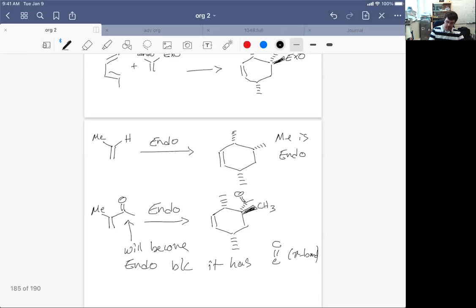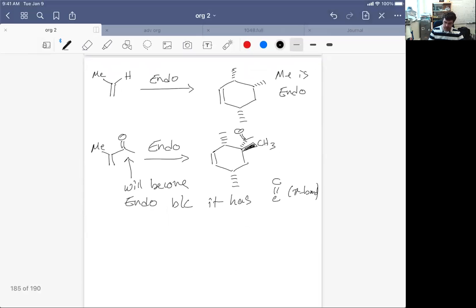So the same thing goes with carbon-carbon double bonds. If we consider this type of species that can react in a Diels-Alder reaction following the endo rule, we have our methyl groups from our diene, but then we have our phenyl group, our benzene substituent, pointed down so that this becomes endo.